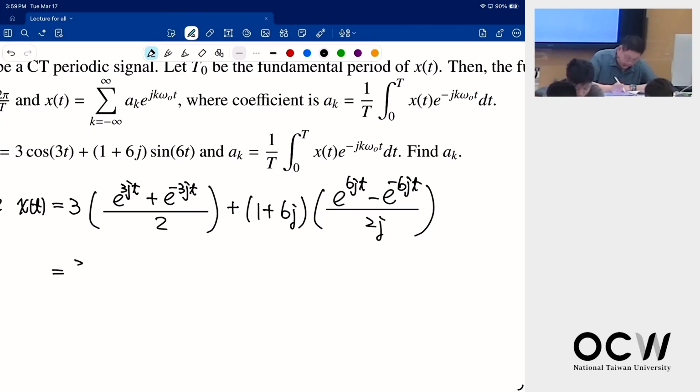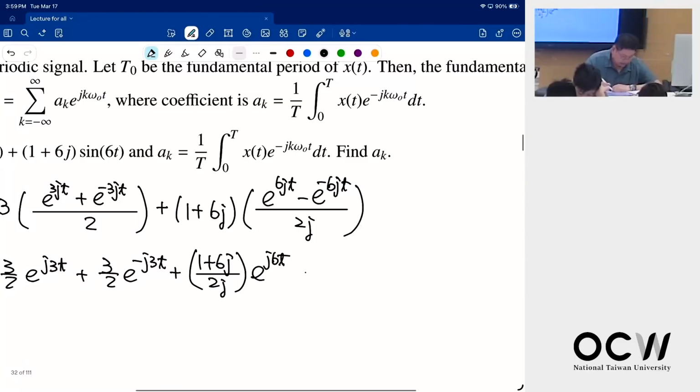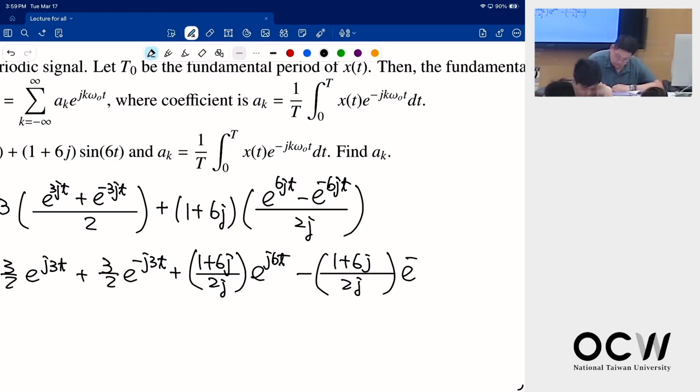It's 3 over 2 e to the j3t plus 3 over 2 e to the minus j3t plus (1 plus 6j) over 2j times e to the j6t, and minus (1 plus 6j) over 2j times e to the minus j6t.